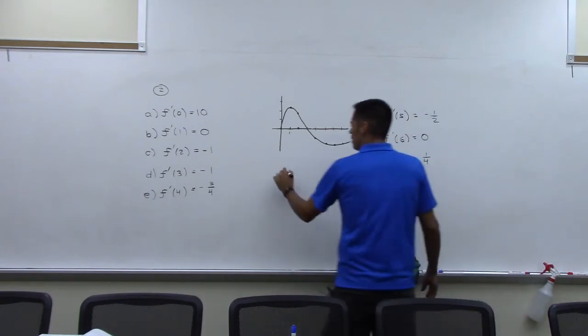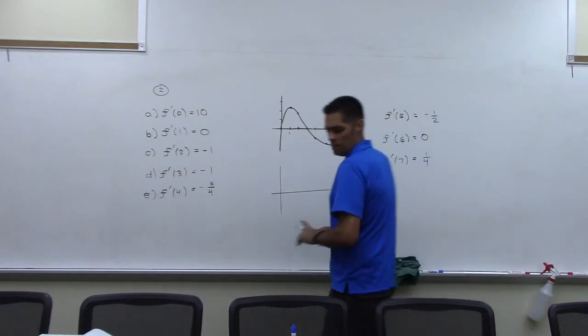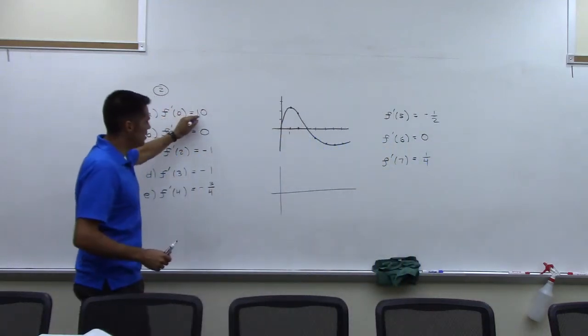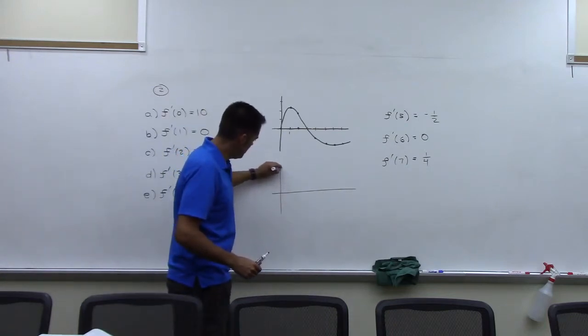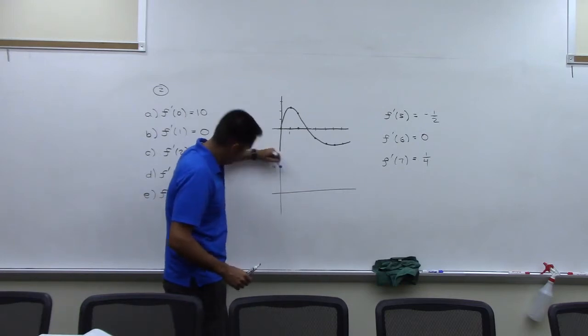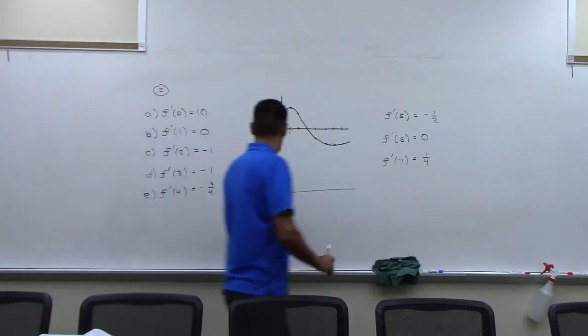So if I were to look at the derivative of this function on a different graph, then at 0, the function is 10. So at 0, we go up 10. 1, 2, 3, 4, 5, 6, 7, 8, 9, 10 up here, and we draw a dot. And then at 1, we're at 0.